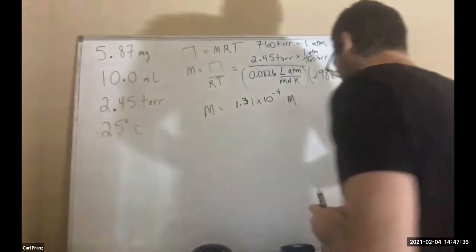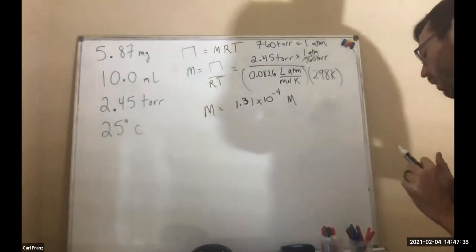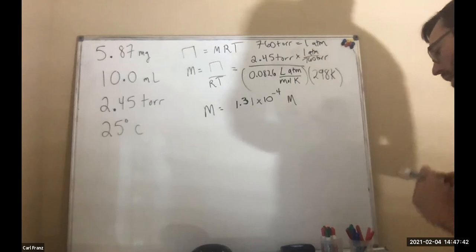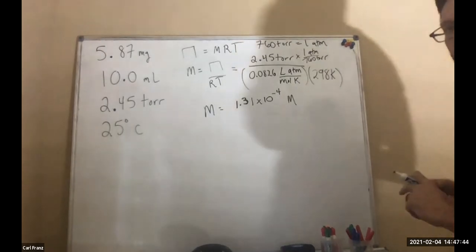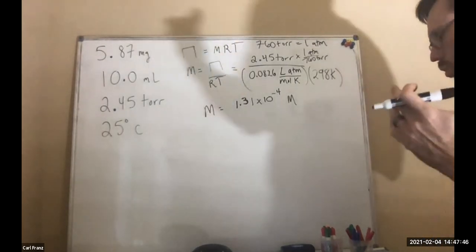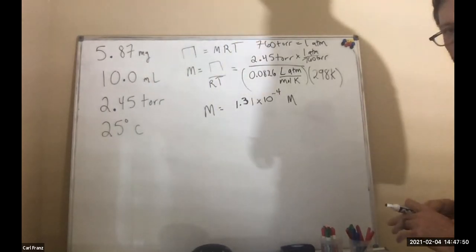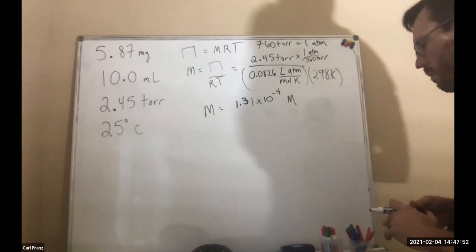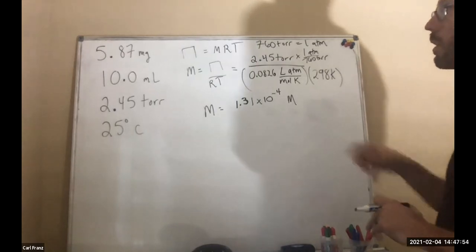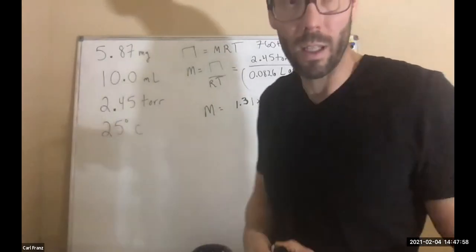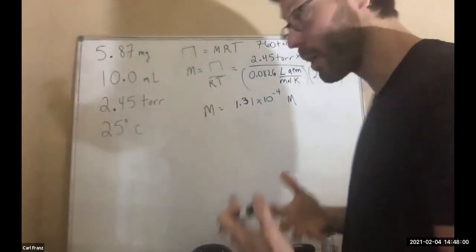Okay. So we know that molar mass is essentially going to be the mass of the protein over the moles of the protein. Okay. What's the mass of the protein? 5.87 milligrams, but we can't leave it at that because it's in milligrams. We need it to be grams, right?